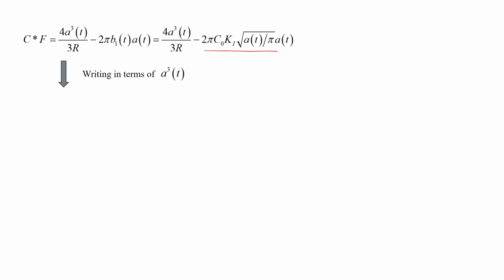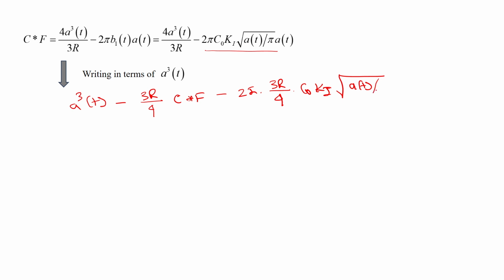So here we can write A cube T, that will be equal to 3R by 4 into C star F, minus, and minus 2 pi into 3R by 4 into C0 into K1 and square root of A of t by pi, and A of t is outside over here. So in essence this is equal to 0.